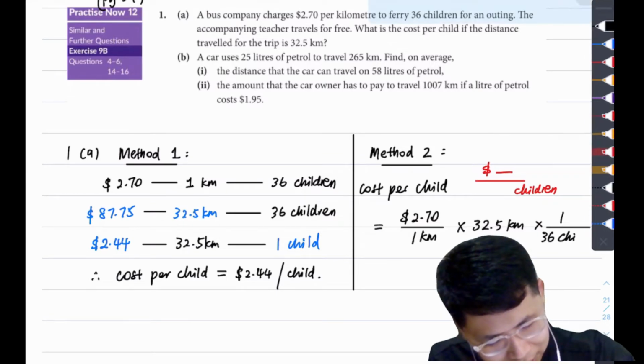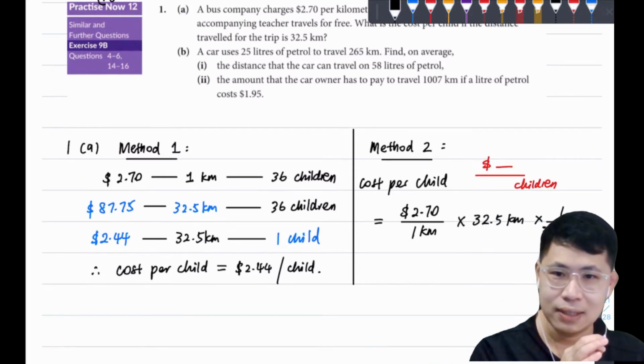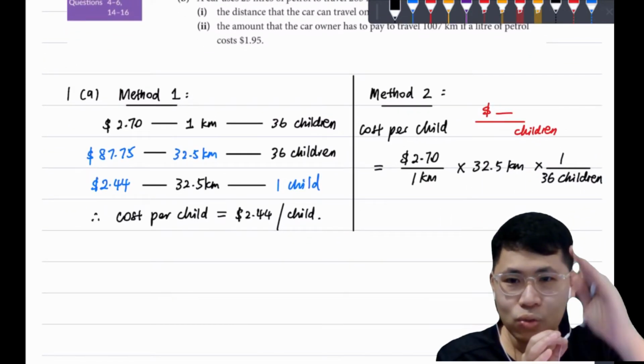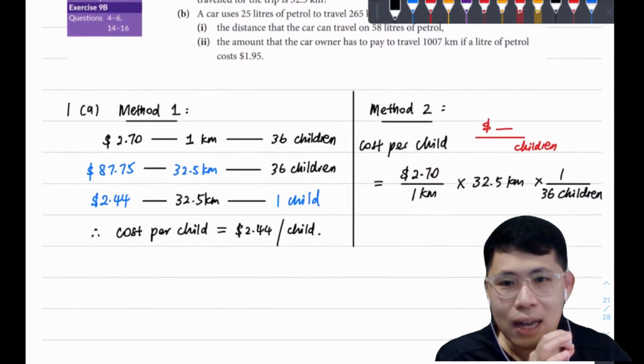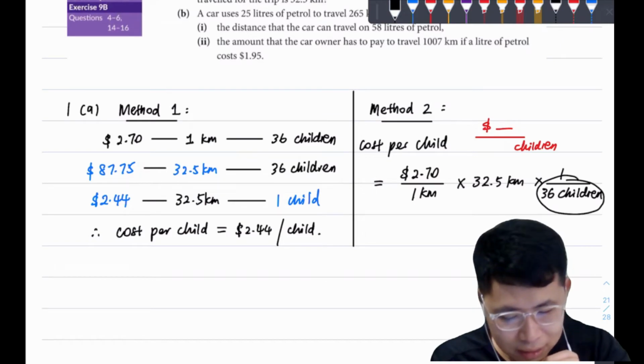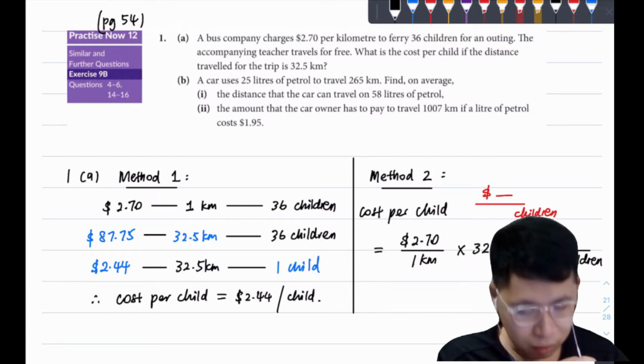Do you see how it works over here? So $2.70 per kilometer, and then I have 36 children. I'm going to divide by 36 children to get my 1 child, and I'm going to multiply the whole thing by 32.5 km.